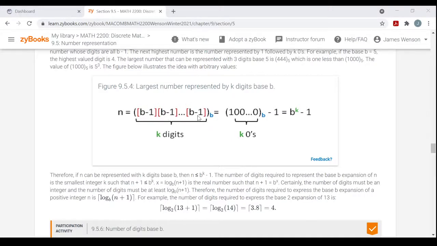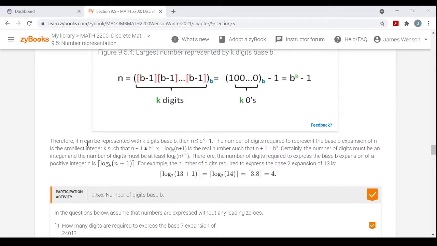And this is just one less than 1 with k zeros after it, base b. This is actually equal to 1 with k zeros after it minus 1, because if you take the 1 with k zeros after it, that's the representation of b to the k power. Then subtract 1 and you get that largest number with all k digits.